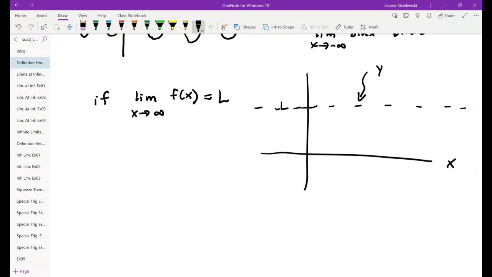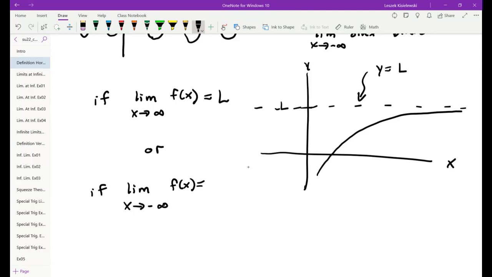So that on that line, the y coordinate is constant. So y would be L and x doesn't matter. But the long-term behavior is that as x goes to infinity, the value of our function approaches a single value. So if you'd like a horizontal line. And we might have that the function approaches a finite value if we instead let x go to negative infinity.